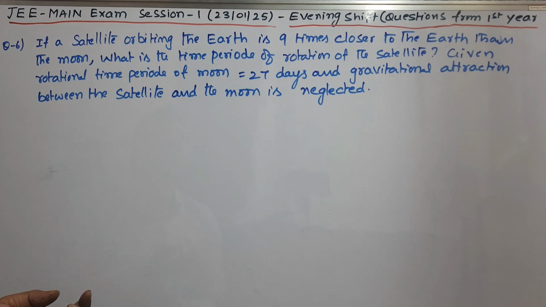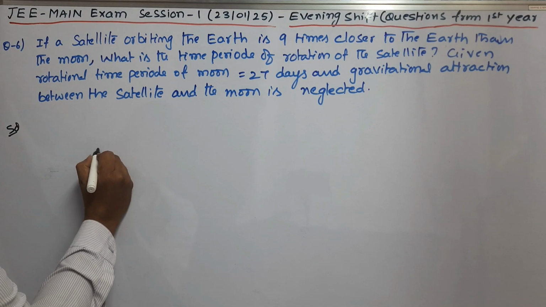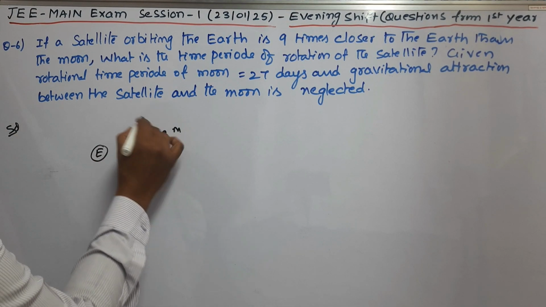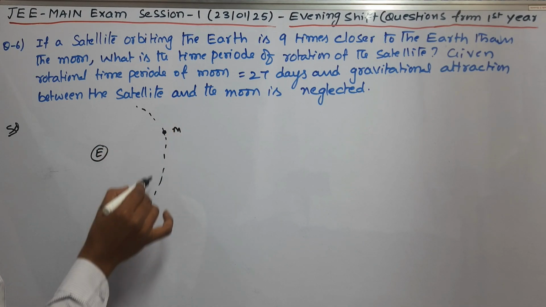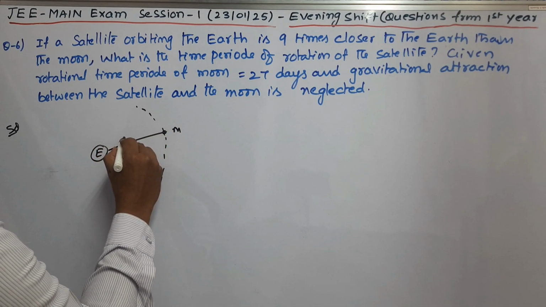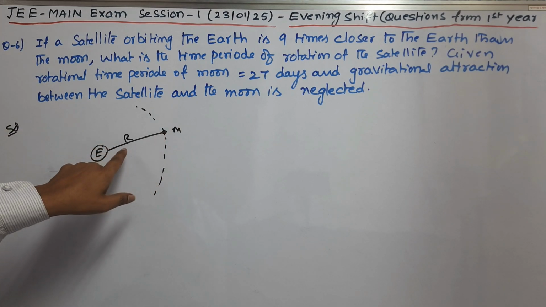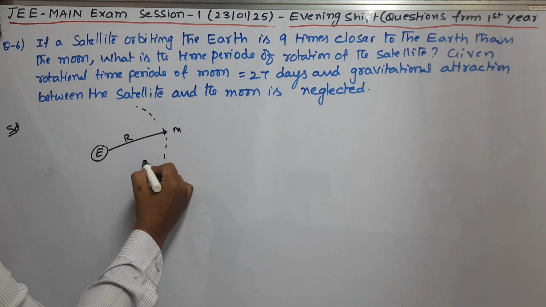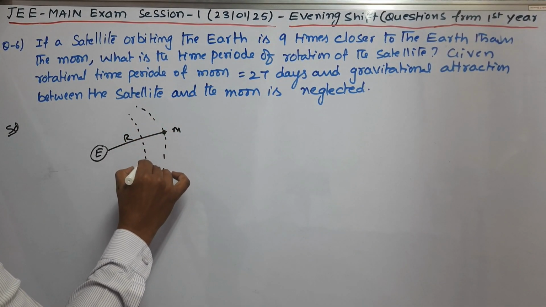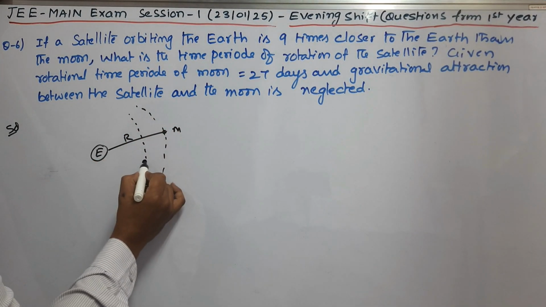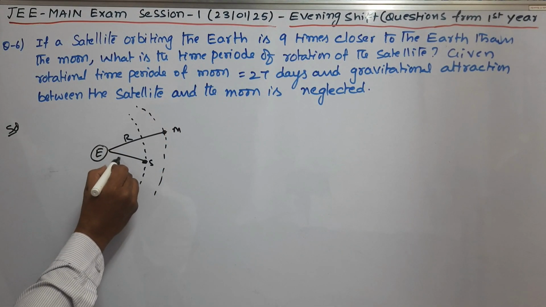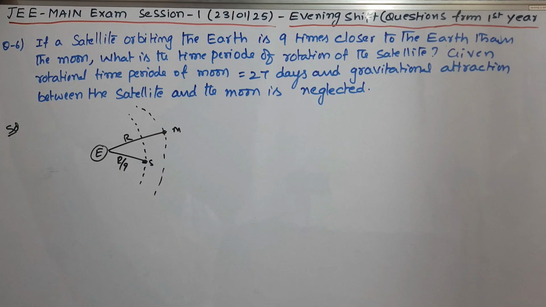Suppose this is the earth, and around this earth the moon is orbiting. The distance between the earth and the moon is called R, but the satellite is revolving at a distance 9 times closer, that means R by 9.